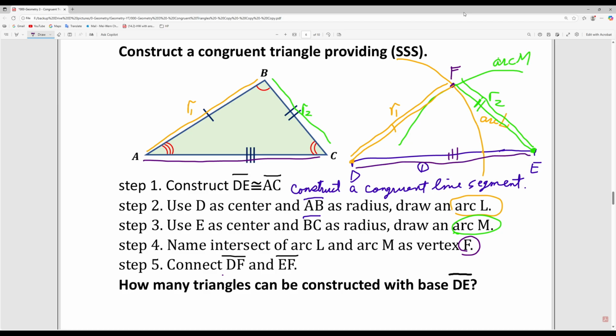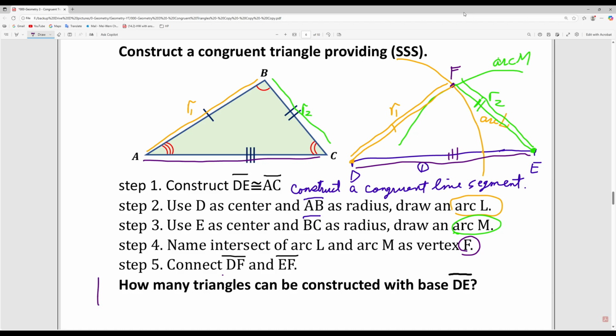Okay, now the next thing is, how do I know? By doing this, these two triangles will be congruent.